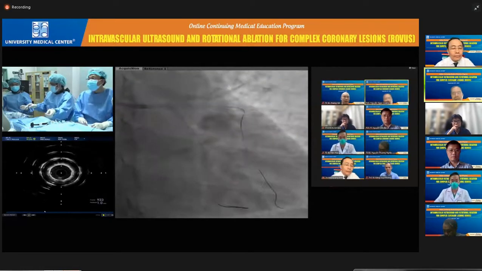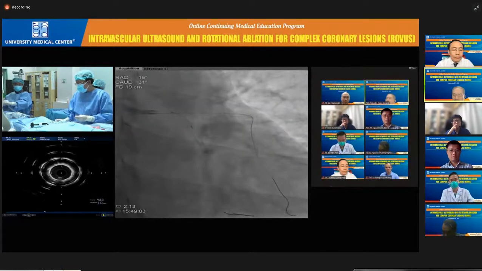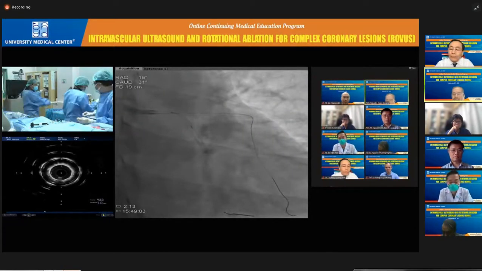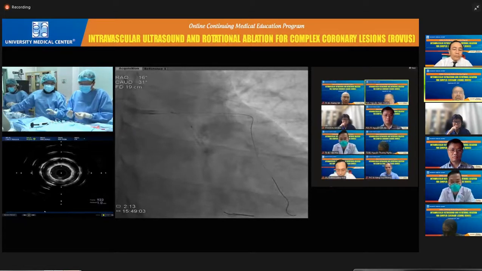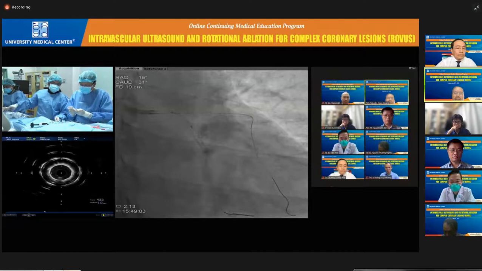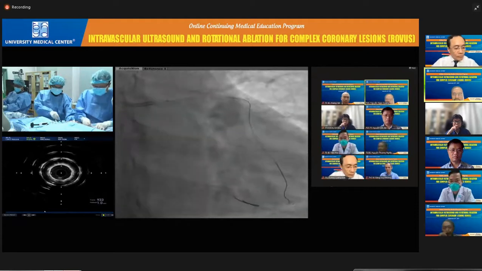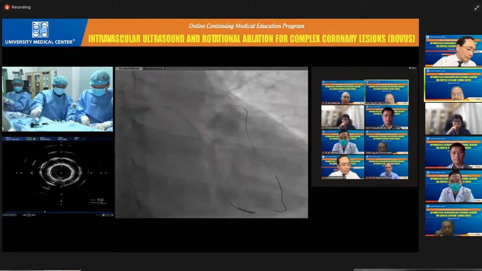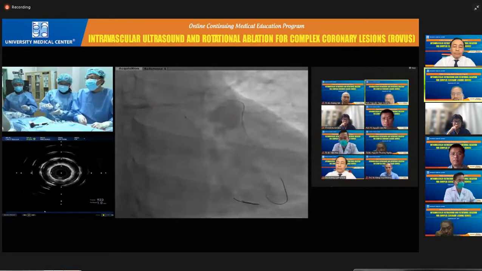I didn't hear quite well, but I think you're asking about the balloon for the first kissing in the decay crust. If I can go easily, the first one I go with the 2.5 normal balloon, and after that I go with the 3.0 or 3.5 non-compliant balloon.